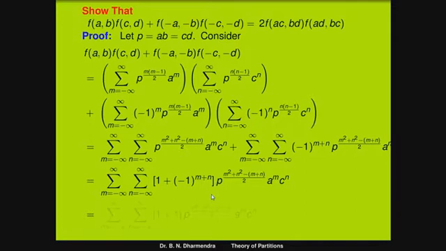Otherwise, when m plus n is odd, this entire series will vanish, because minus 1 to the power of an odd term is minus 1, so 1 minus 1 is 0. So we are discussing the terms where m plus n is even.